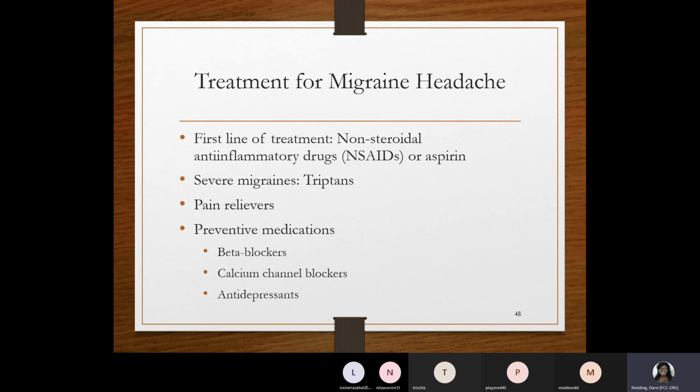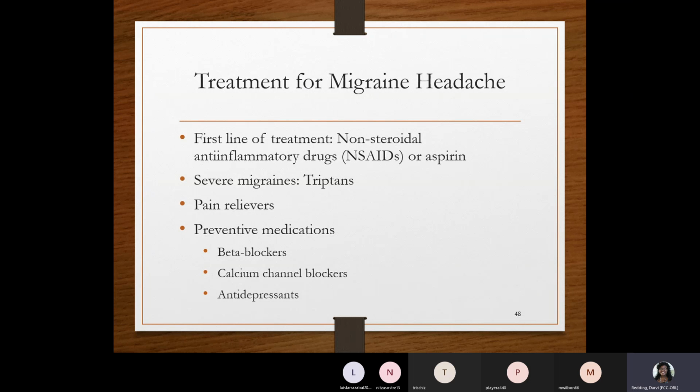Another first line of treatment could be aspirin. Now, if a person is experiencing severe migraines, they might take triptans. There is a drug called sumatriptan, which is the generic name of Imitrex, and that is commonly used for migraine headaches, but that's used if a person has severe migraines.